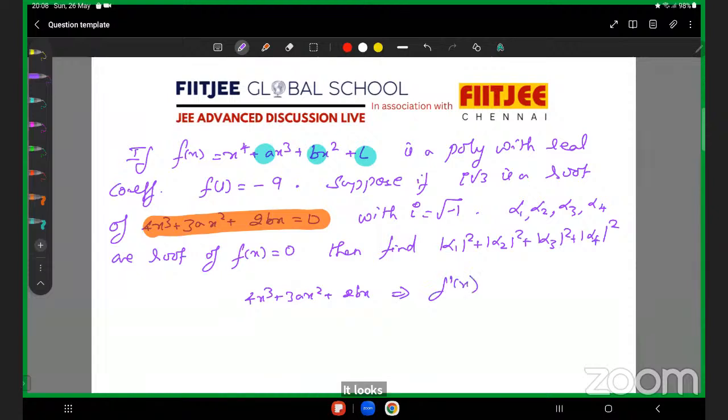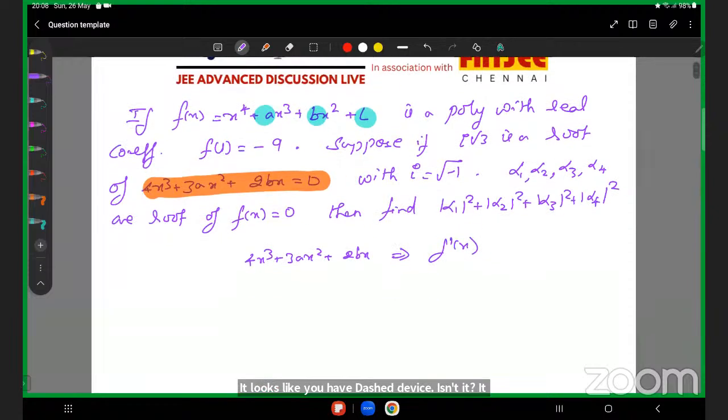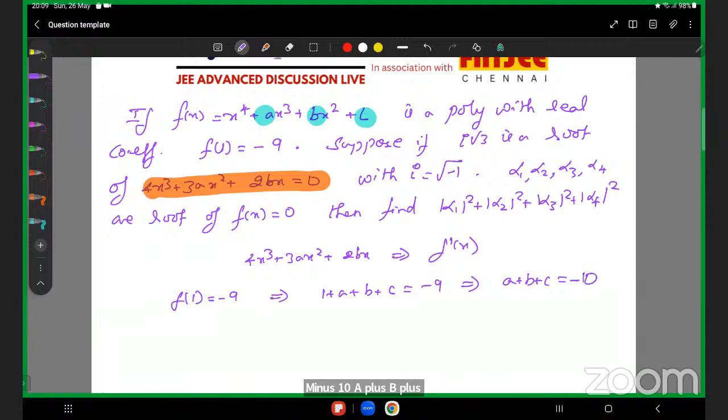It is your f dash of x. However, that is not going to help us much in this problem. Given that f of 1 is minus 9, we directly substitute x equal to 1 in the equation, and we get 1 plus a plus b plus c equals minus 9, which says that a plus b plus c is minus 10. So this we have as one of the equations.